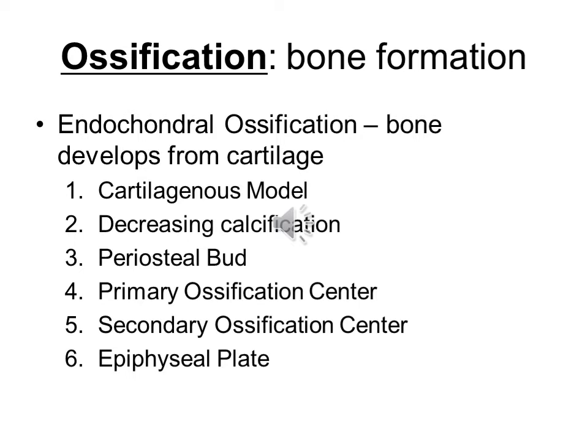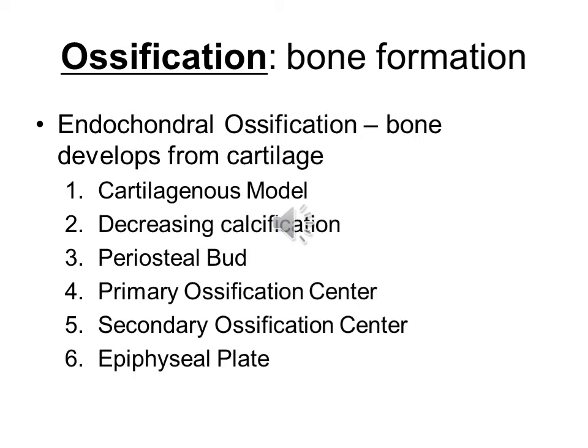And then ossification is going to actually begin when the underlying mesenchymal cells specialize into osteoblasts. So they're going to start to lay down a bony collar. It's going to form around the diaphysis of the hyaline cartilage model.